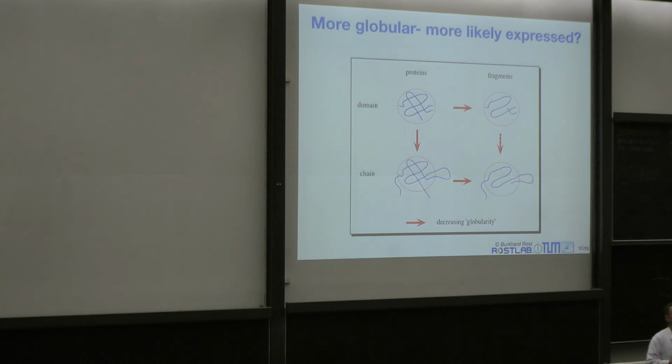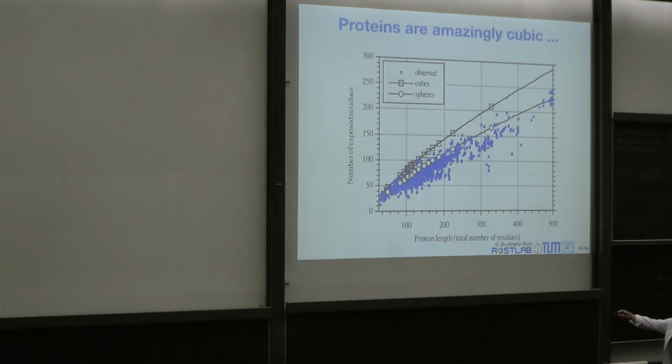And all you need to do is essentially assume that proteins are spheres, or slightly elongated spheres, and you can simply work out a relation between the length of a protein and the number of exposed residues. So if you assume that all residues were the same size and the protein would be a cube, that's the line of cubes here. If you assume it's spheres, then that is what you get. And the blue is what you observe. So you will see that the observation is very close to assuming that the protein is a sphere. Okay? And this is really a totally simple model.